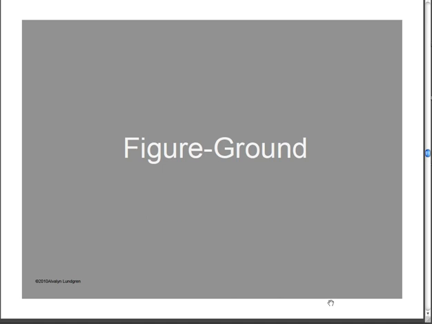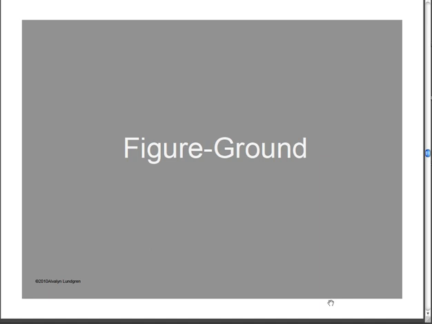Talking about negative and positive, we need to launch further into the idea of figure-ground. And figure-ground relationship is probably the most important understanding in our visual, perceptual capability as human beings. We can't deal with anything until we deal with figure-ground.